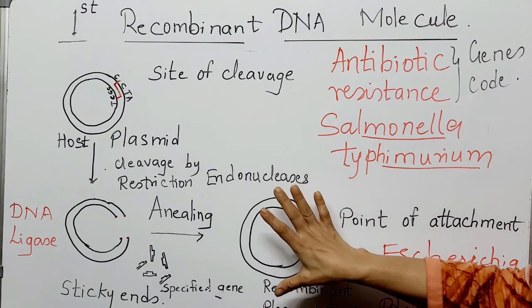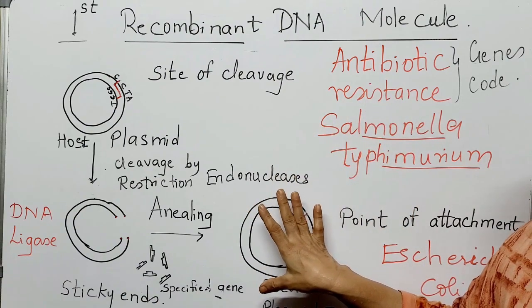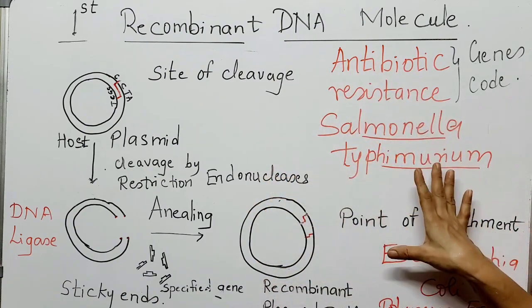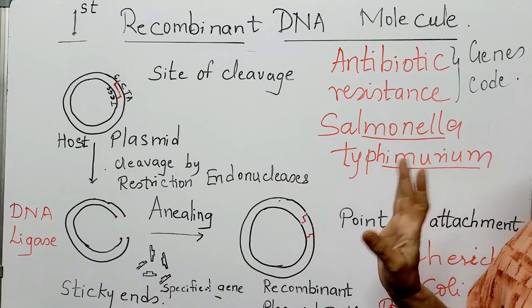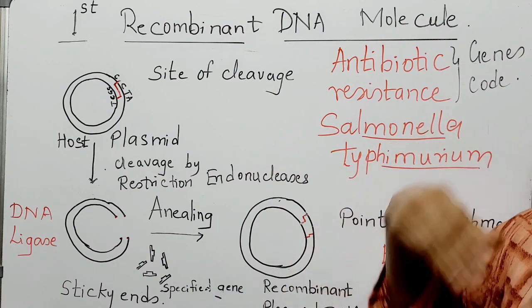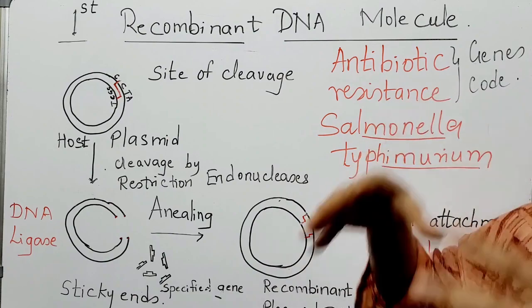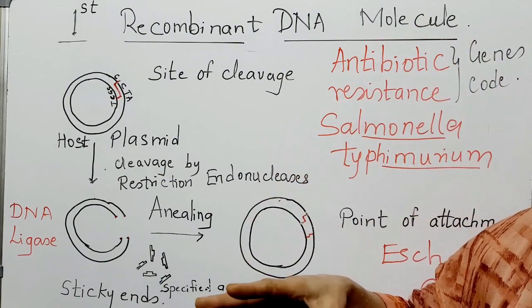So now we have recombinant DNA in the plasmid. The plasmid is just a vector and it was transferred into Escherichia coli. Escherichia coli, by polymerase enzyme, multiplied the plasmid. Polymerase enzyme was present in Escherichia coli.